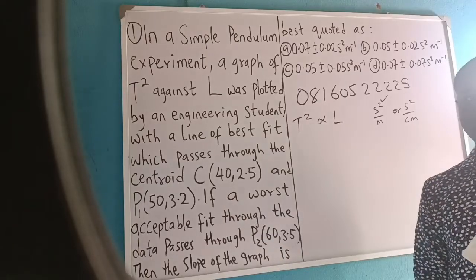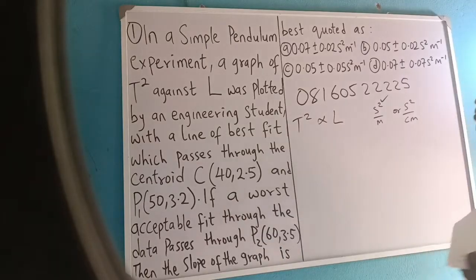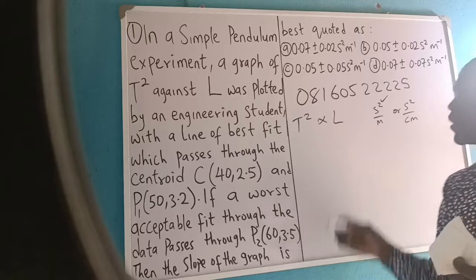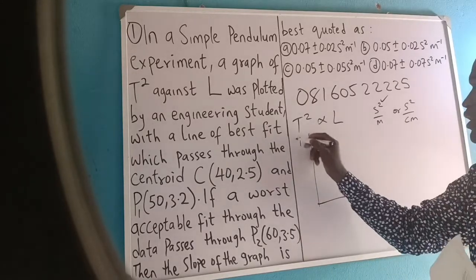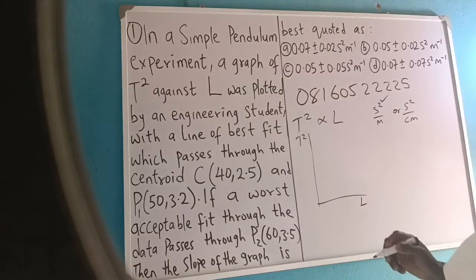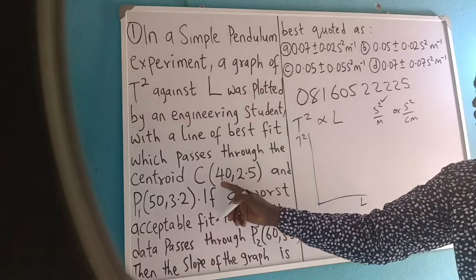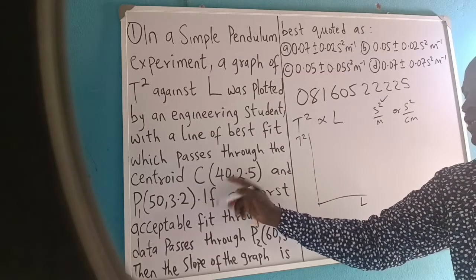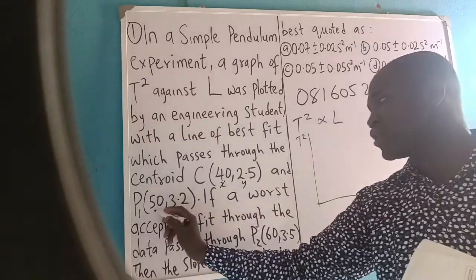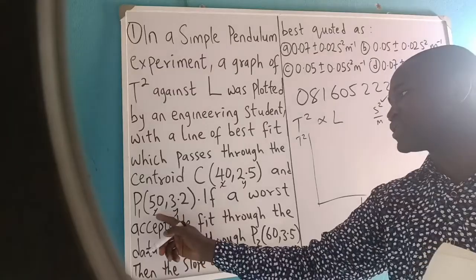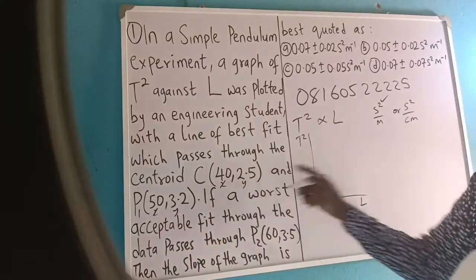Remember that if this is my graph, t squared against L, this is your x and this is your y. You are plotting x and y.